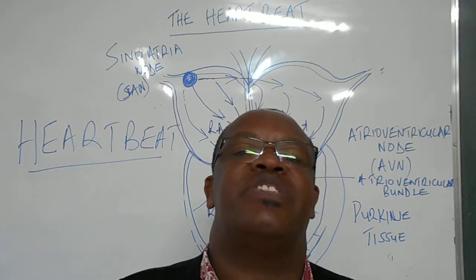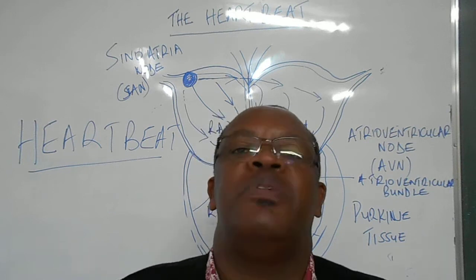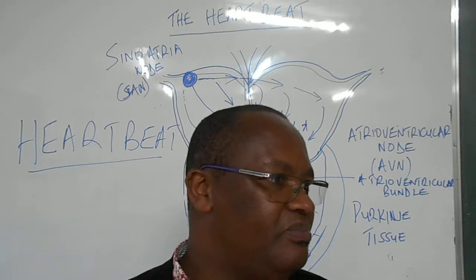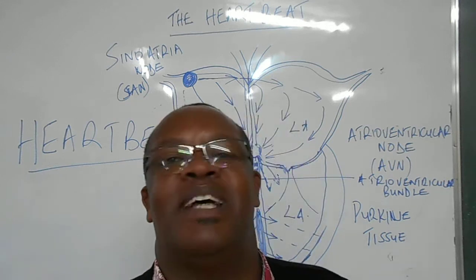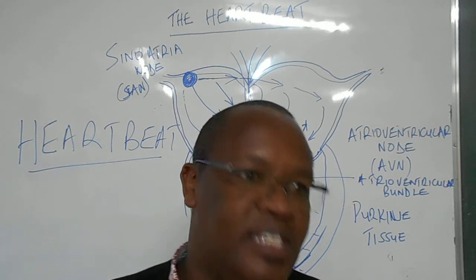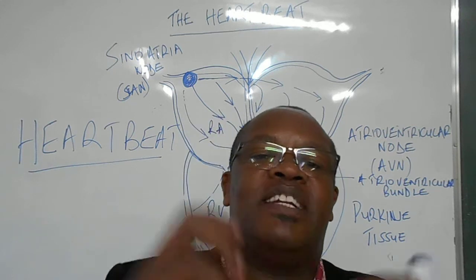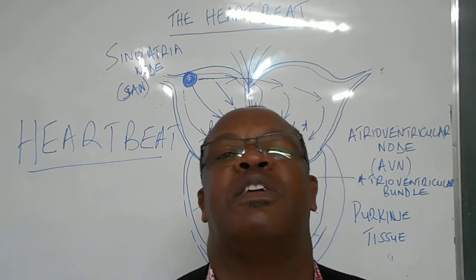Yesterday we talked about contraction, but we did not know what brings about contraction. In Form 4, we will talk about contraction of other muscles, but in this lesson, we will talk about contraction of heart muscles because it is very important for the lesson.